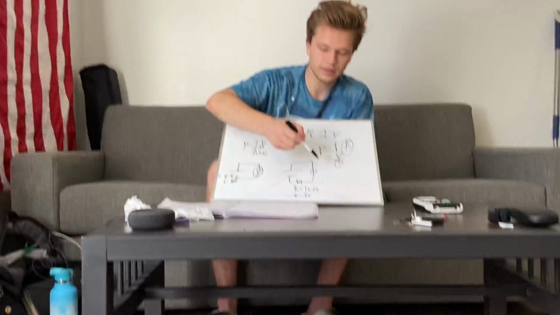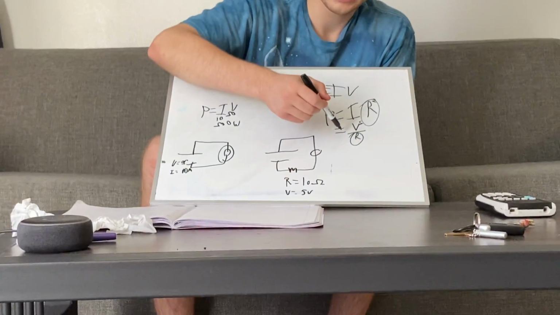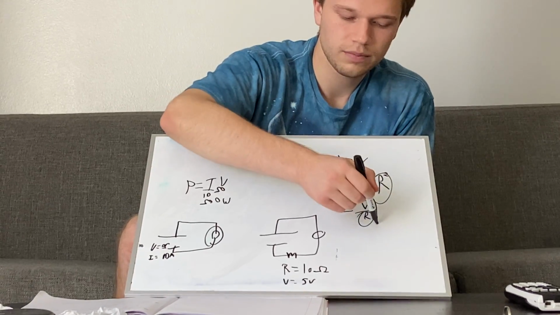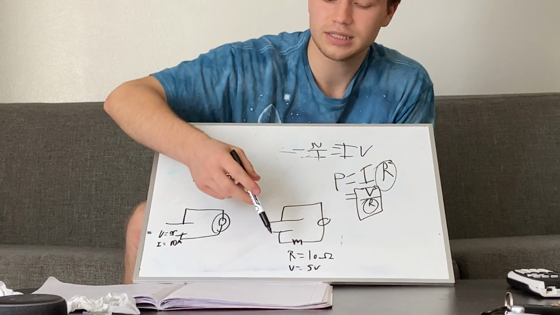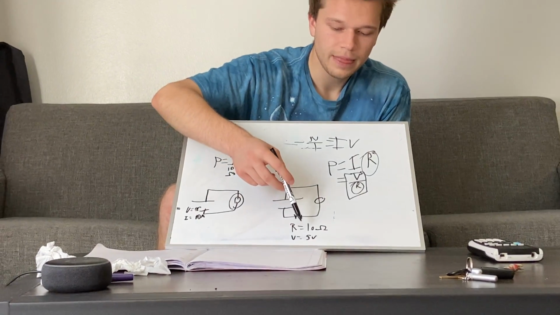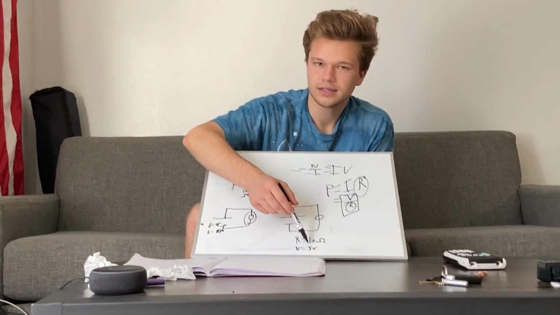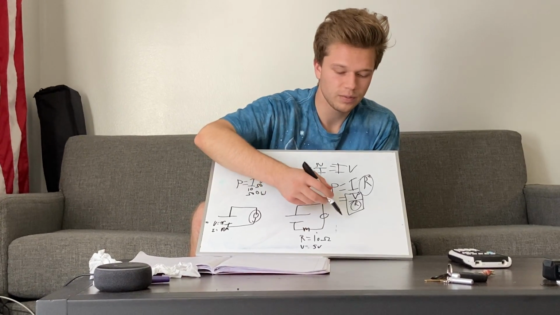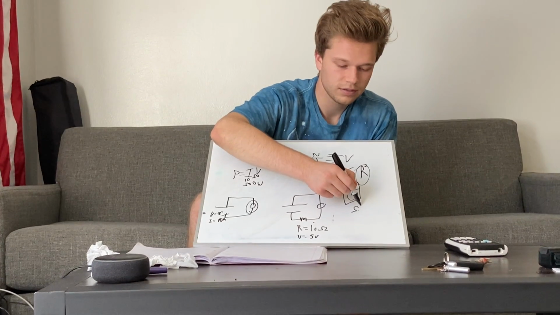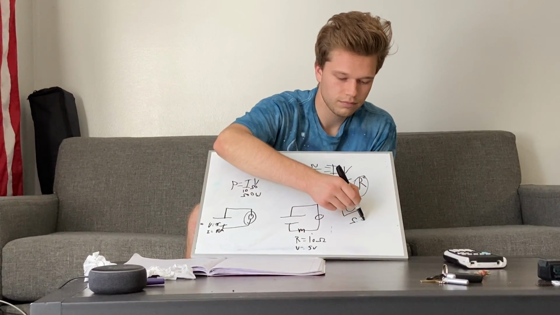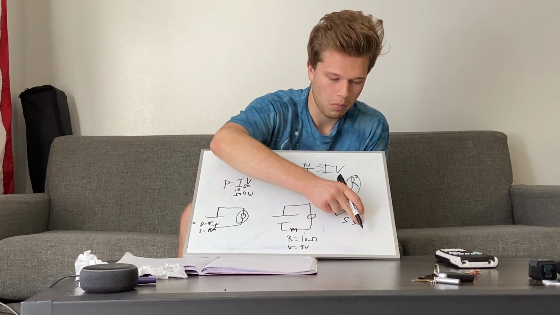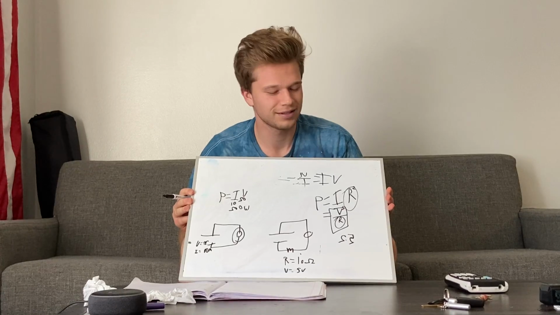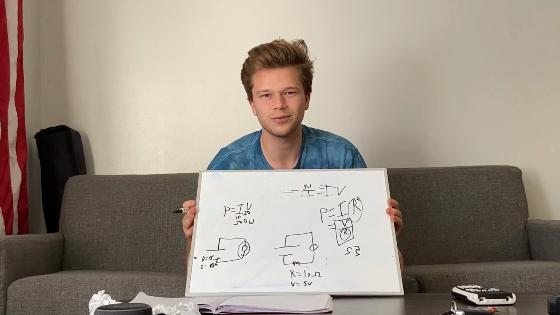So in this one, we're going to want to use this equation right here, because this is the only one that has voltage and resistance. And so it'd be 5 squared over 10. And so then we have only 2.5. I'm really bad at writing upside down. That's why I'm not a teacher. But we only have 2.5 watts.